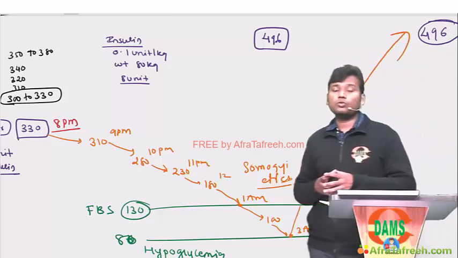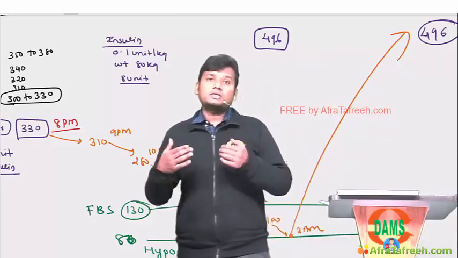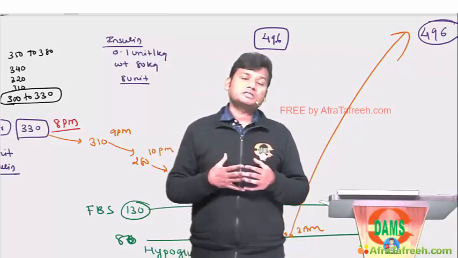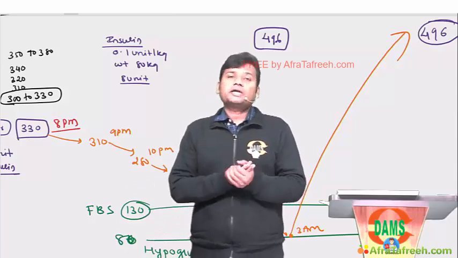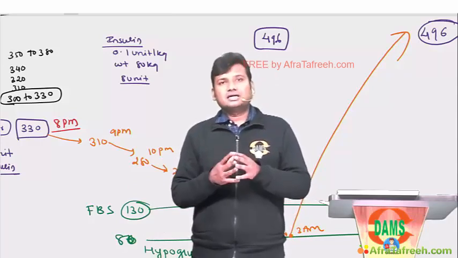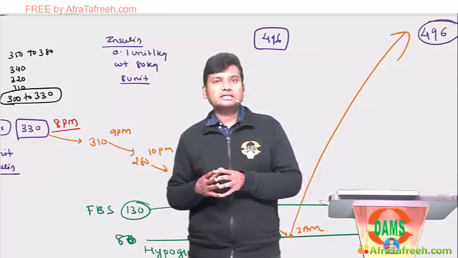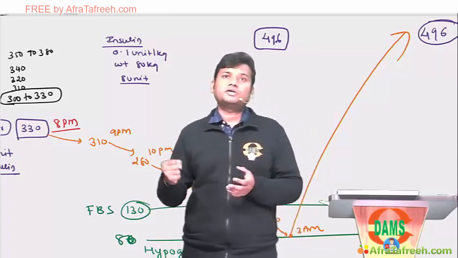We don't know what is the sensitivity of our patient to insulin. What is the resistance of our patient to insulin? We cannot measure exact sensitivity. We cannot measure exact resistance to insulin. There are some formulas, but still they cannot give you the exact resistance or sensitivity to insulin.